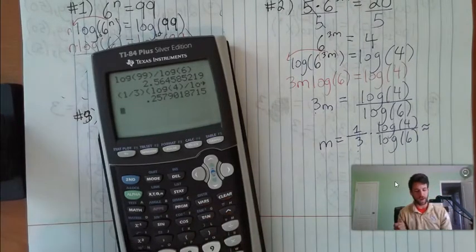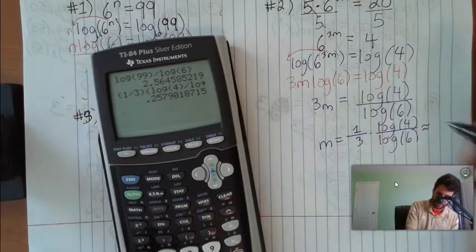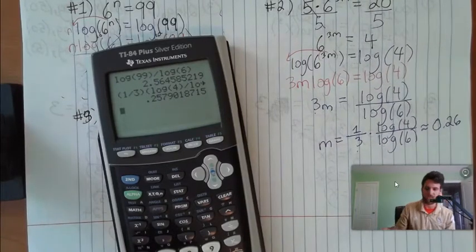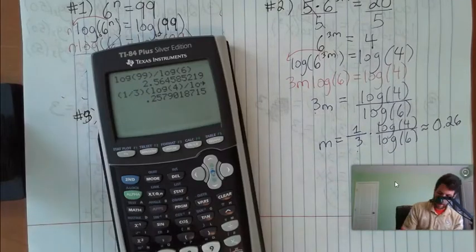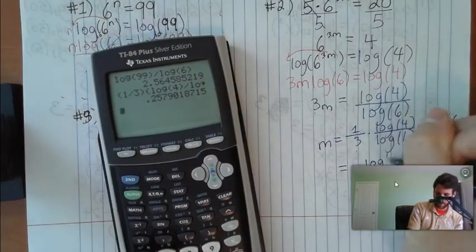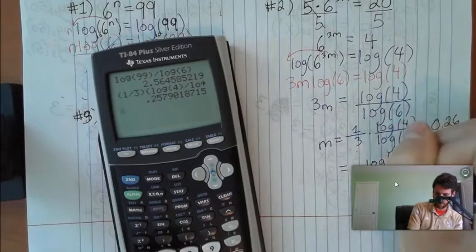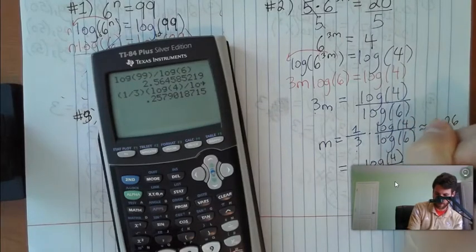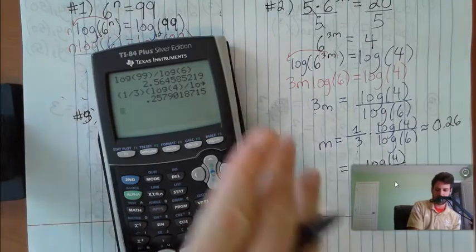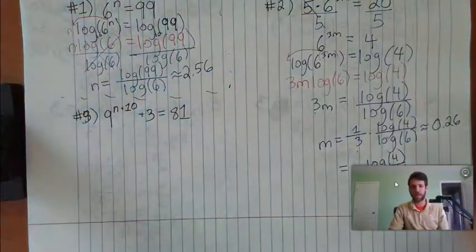And 0.257 ends up being our answer for m, and we'll round that to 0.26. And the other way to write that, which we talked about before, would be log of 4 over 3 times the log of 6. And that would cover example number 2 here.